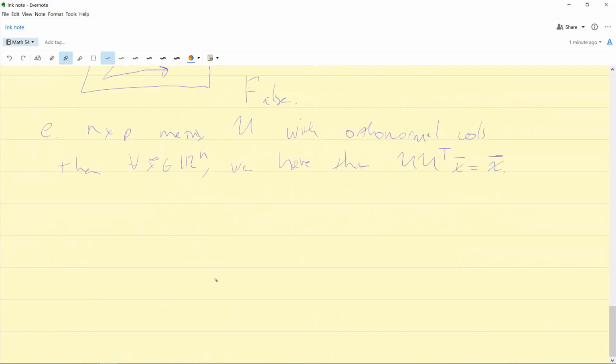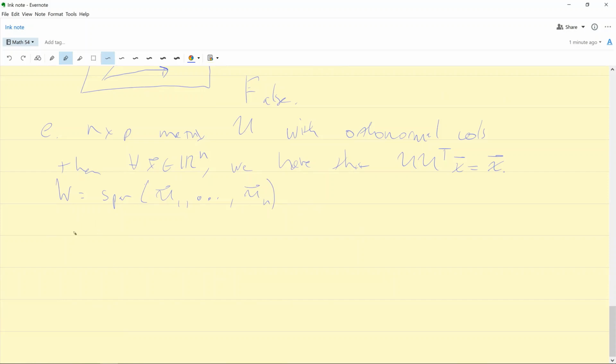Where W is the span of the column vectors. Let's call them U1 through UP. Right.